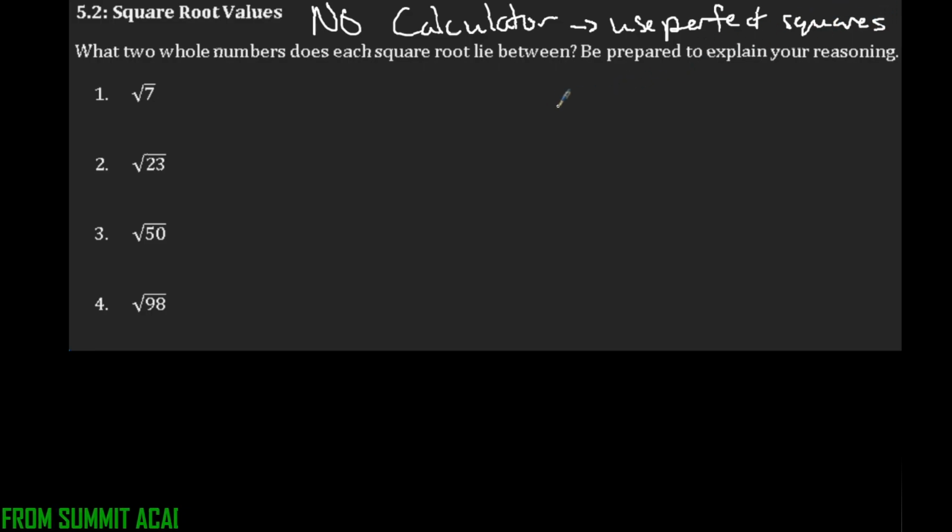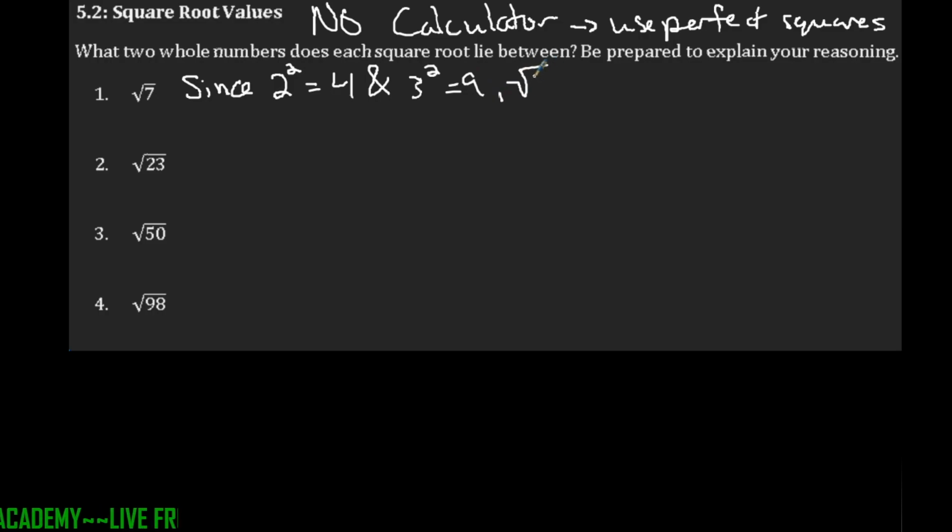For example, since 2 squared equals 4 and 3 squared equals 9, I know that the square root of 7 is between 2 and 3.